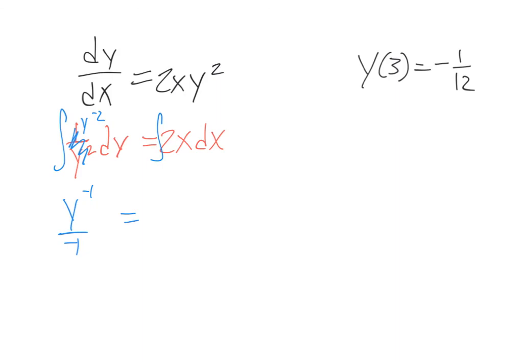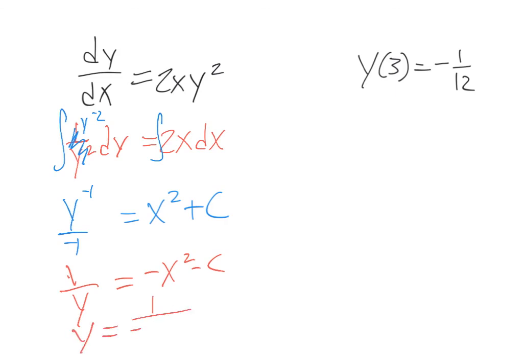On the other side, 2x is going to be x squared and then plus c. I'm going to move the negative to the other side to get 1 over y is equal to -x squared minus c. I could multiply both sides by y, divide by -x squared minus c, and get y is equal to 1 over -x squared minus c. This is my general solution.